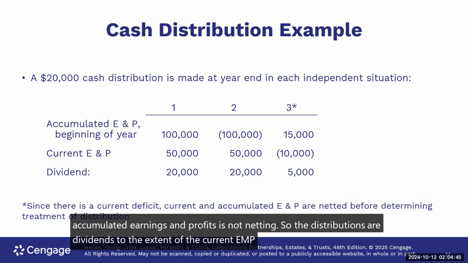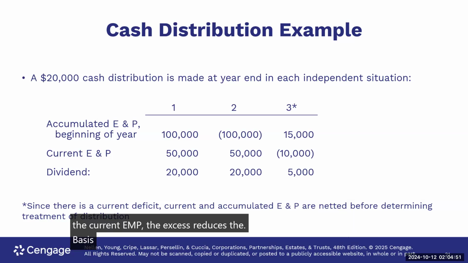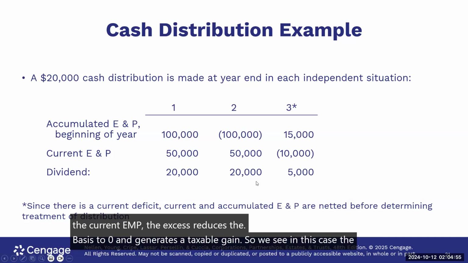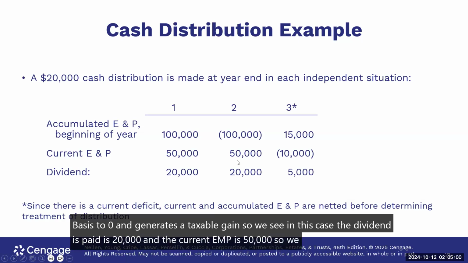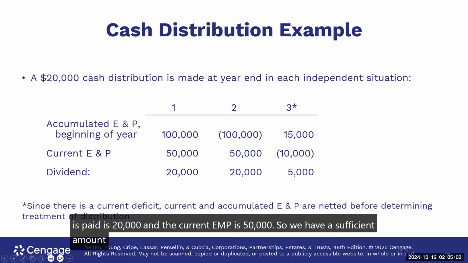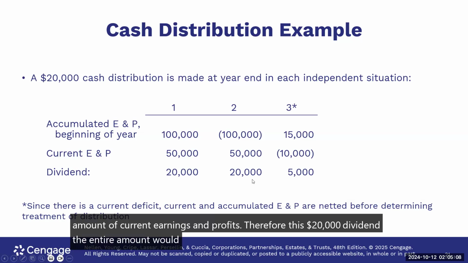And if the distribution exceeds the current E&P, the excess reduces the stock basis to zero and generates a taxable gain. So we see in this case, the dividend paid is $20,000 and the current E&P is $50,000. So we have a sufficient amount of current earnings and profits. Therefore, this $20,000 dividend, the entire amount would be treated as a dividend.